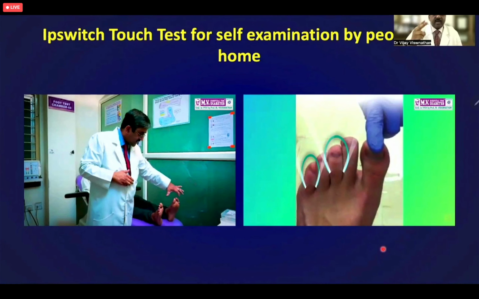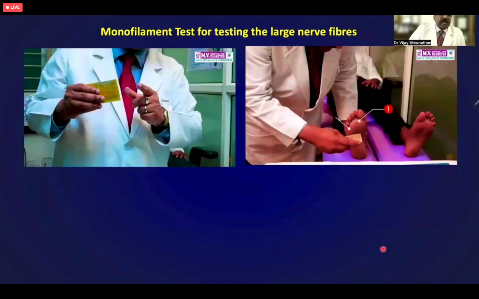If you can't feel in two areas of each foot, then you are supposed to have a loss of protective sensation. So this is a very simple test which we can do.